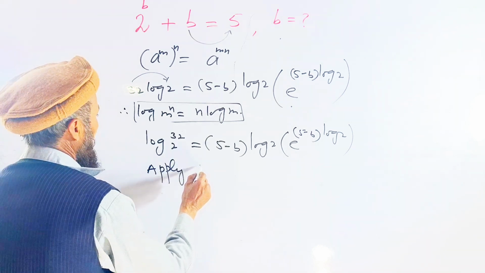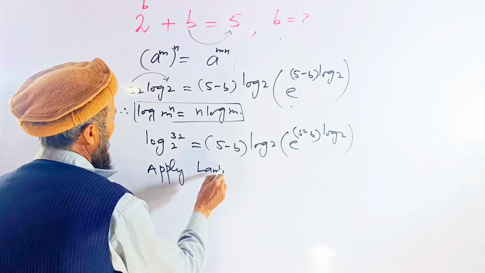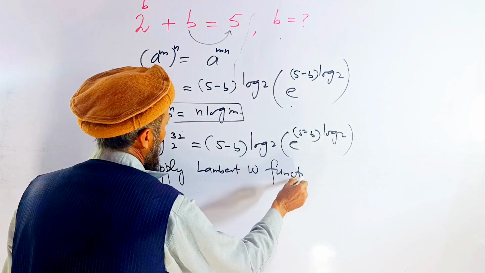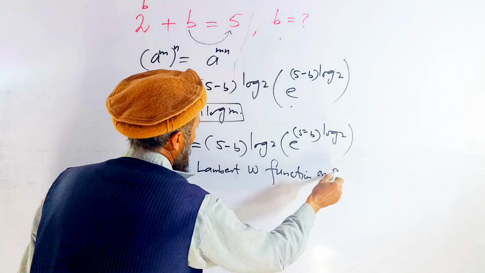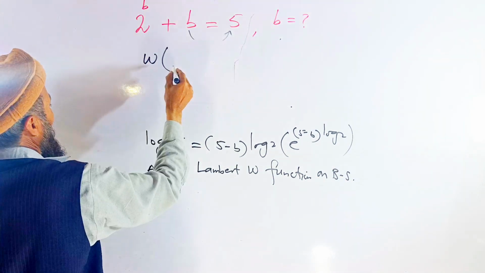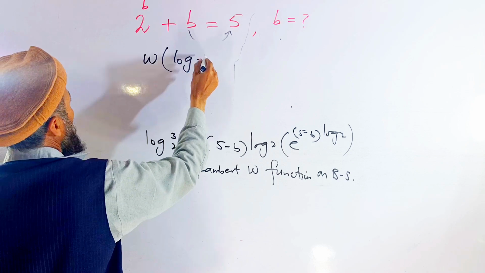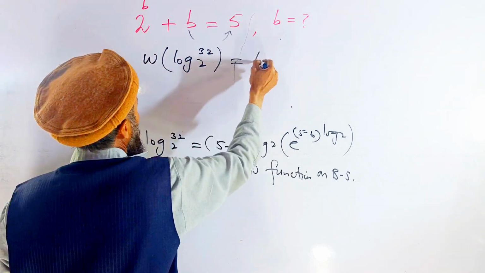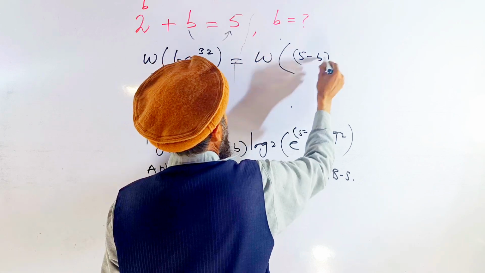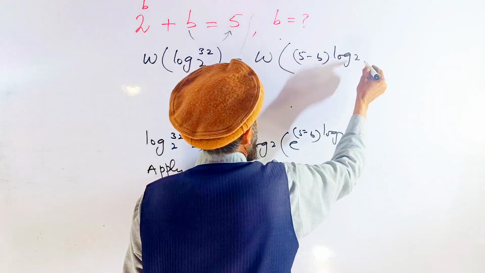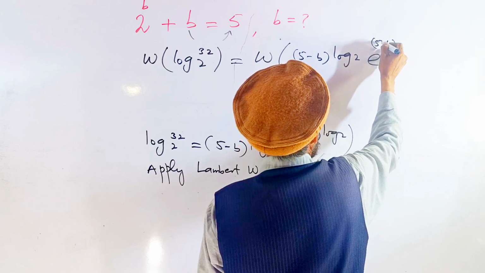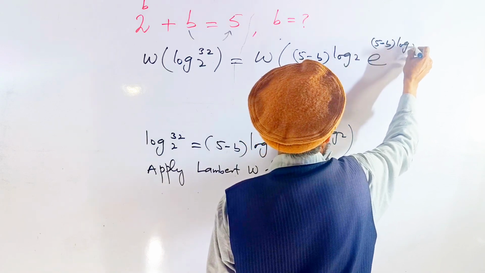Apply the Lambert W function on both sides of this equation. W of log of 2 exponent 32 is equal to W of 5 minus b log of 2 and e exponential of 5 minus b log of 2.